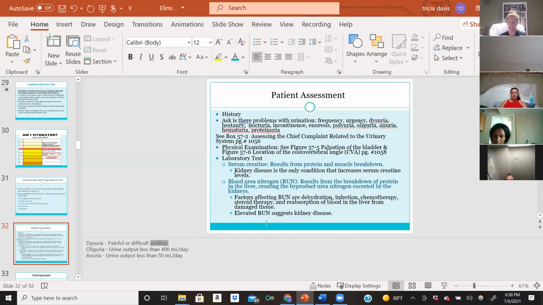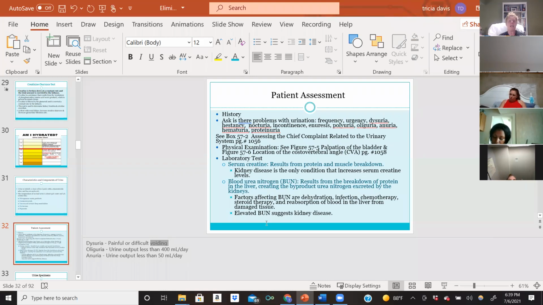It will be very, very distended, and it will be hard to see, and probably in someone who is overweight, of course, but in your smaller patients who don't have a lot of body fat on their belly, it's very obvious, and they will complain of a lot of pain. You can look in your book, figure 57.5 and 57.6 on page 1058 will show you how to palpate the bladder. And then we're always going to run laboratory tests related to these issues.